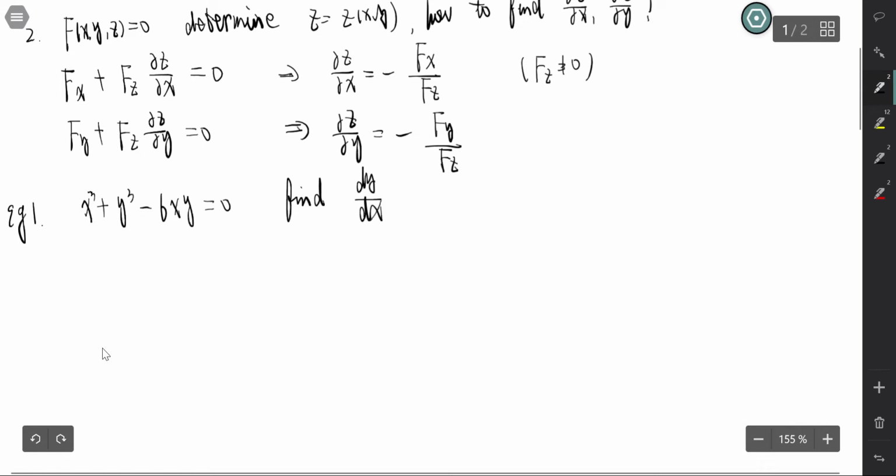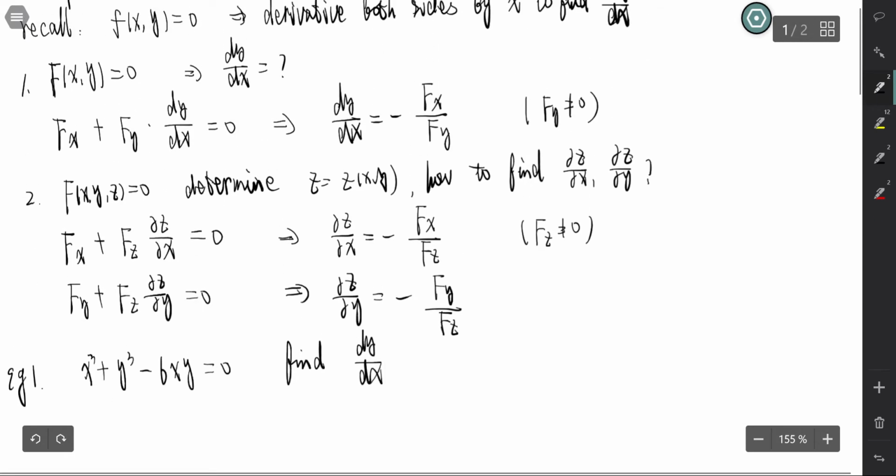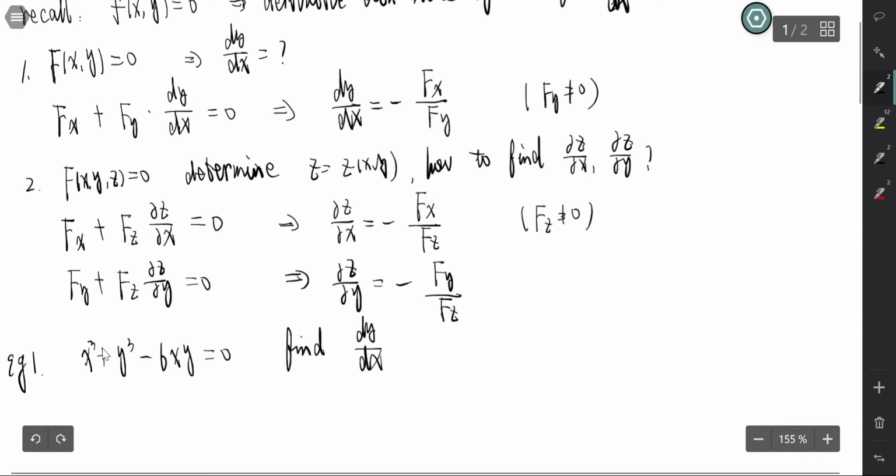From the formula, we just need to find f_x and f_y. f_x is 3x squared minus 6y, and f_y equals 3y squared minus 6x.